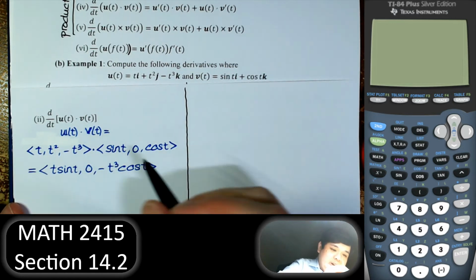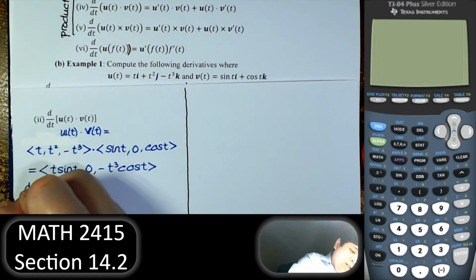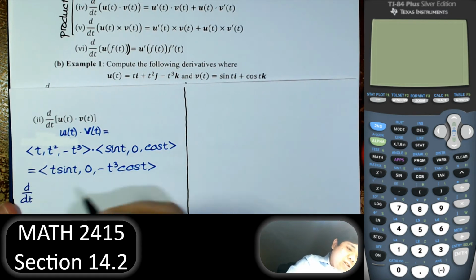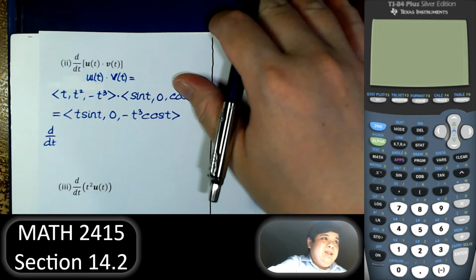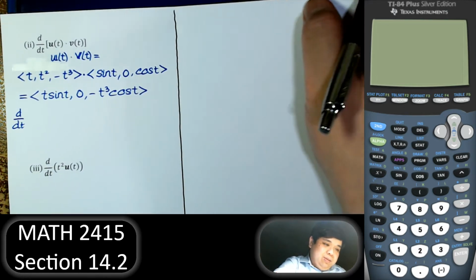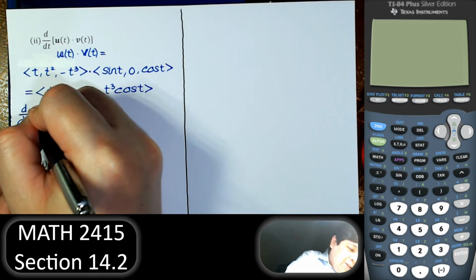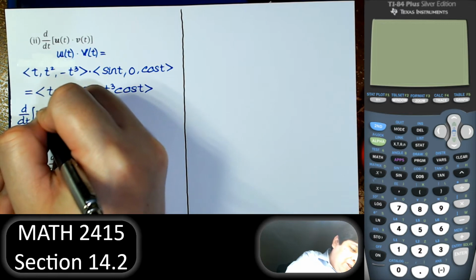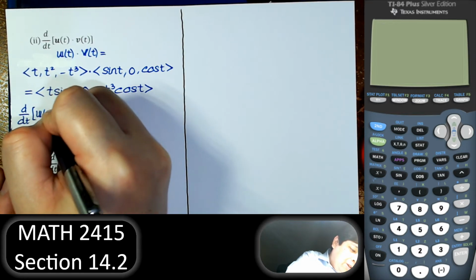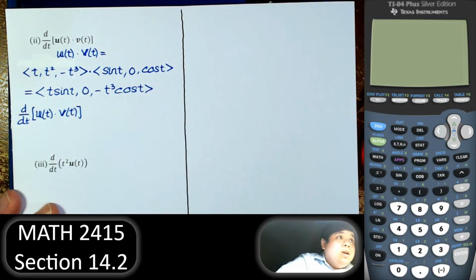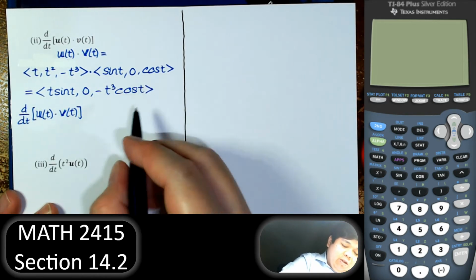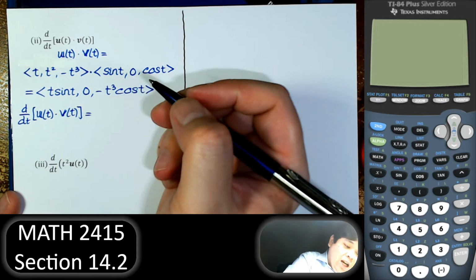Now we take the derivative of the dot product. The derivative of the dot product, or the derivative of this. I should have more space here.